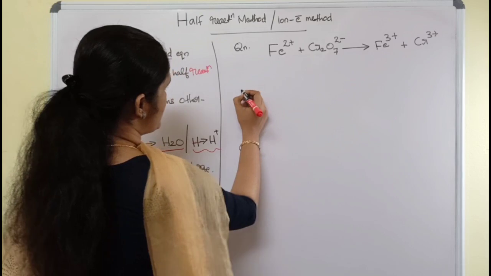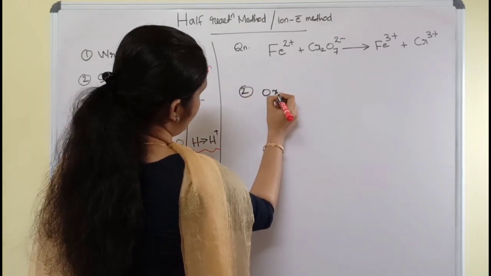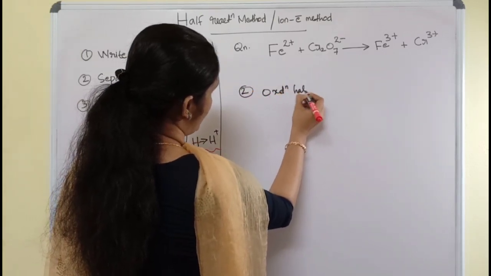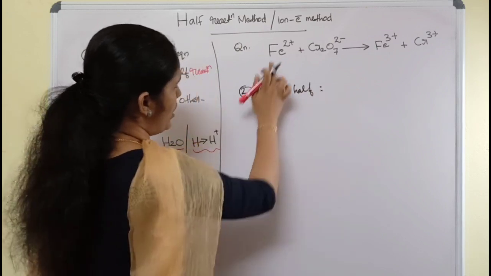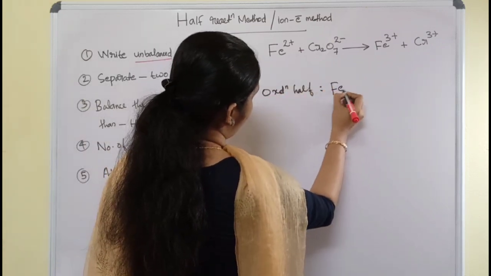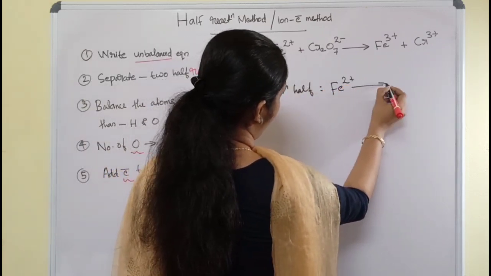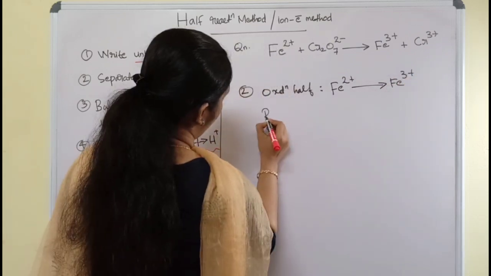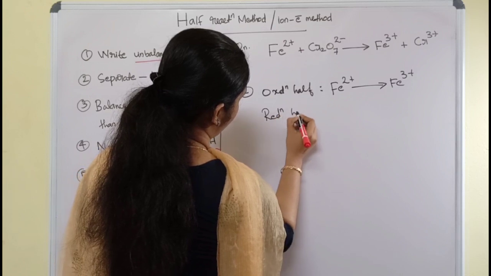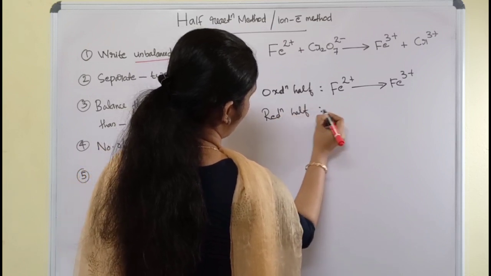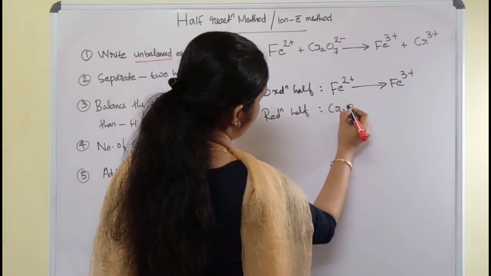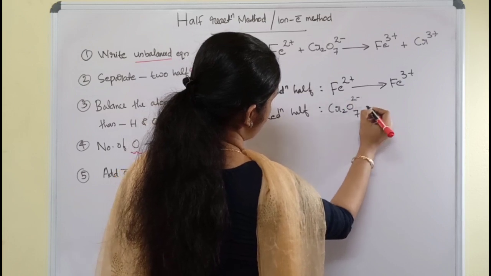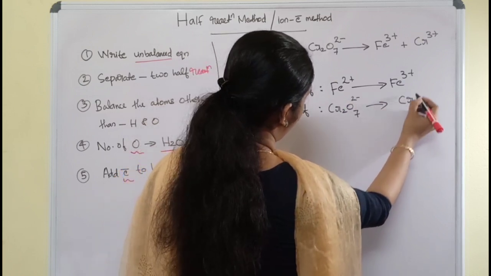So let's write the second step. First the oxidation half: Fe2+ changes to Fe3+. Now the reduction half: Cr2O7 2- changes to Cr3+.